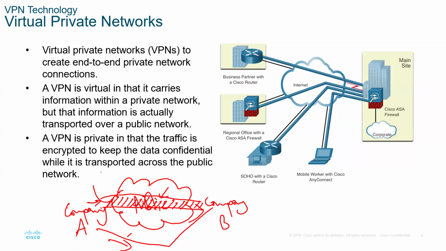It's technical, but basically what is happening is encryption. Traffic is being encrypted so that even if someone taps in via the public network, they won't be able to get access to that information. So basically, that's what a VPN is.